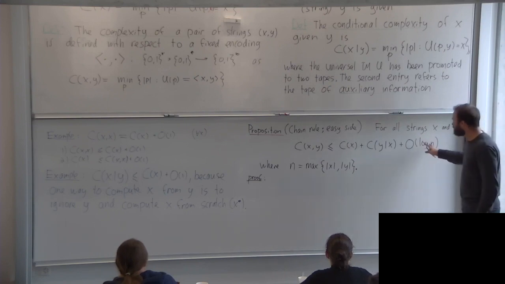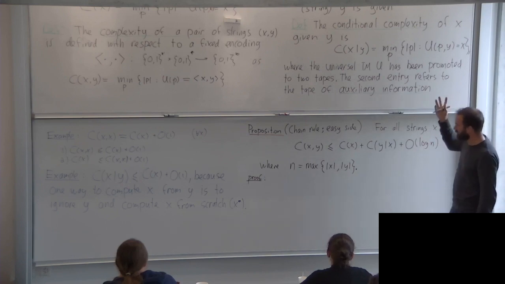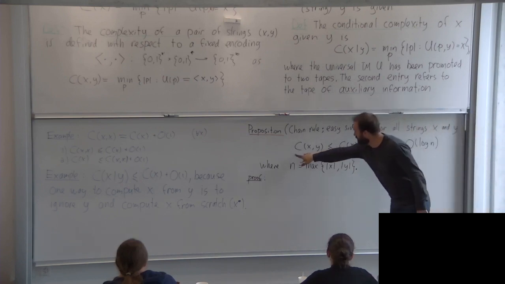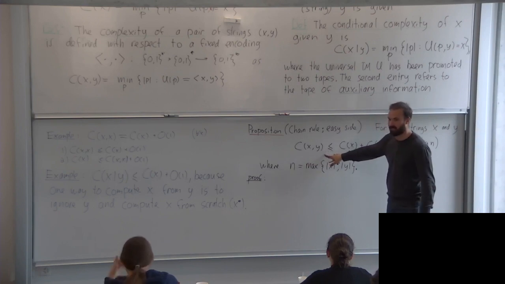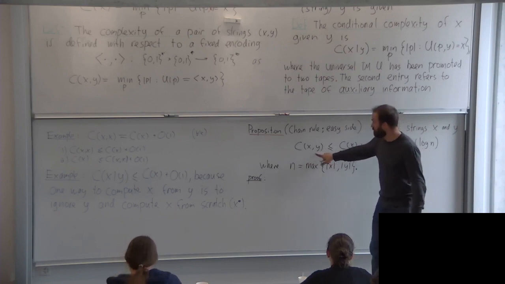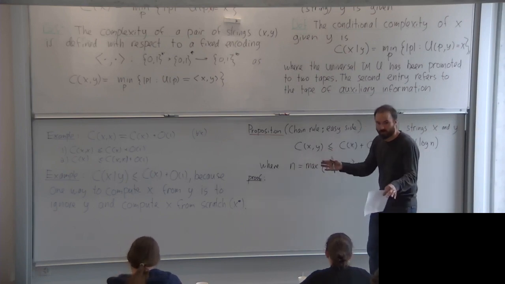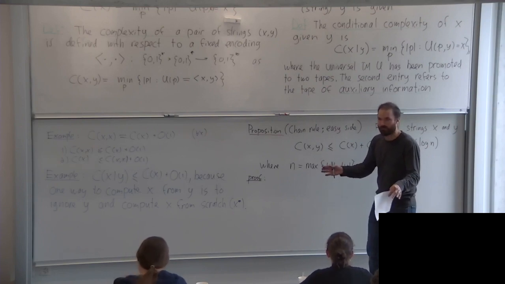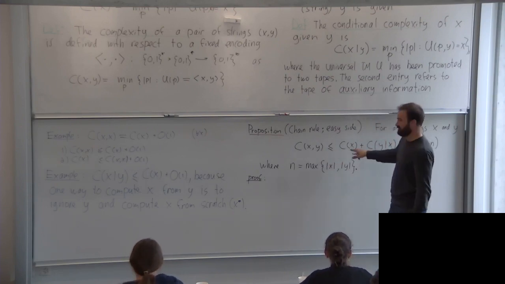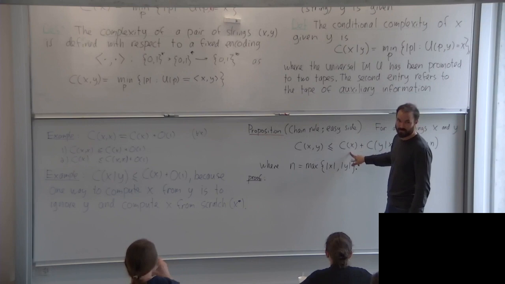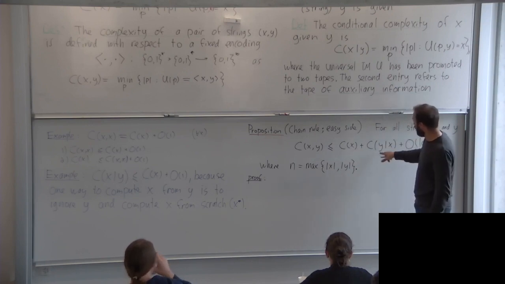It sort of gets tricky to find the error term and why there's an error term, but just the generic idea: we're looking for an upper bound for this quantity. So we want to upper bound the length of the shortest program to produce x and y with two things: the length of the shortest program for x and the length of the shortest program for y given x.